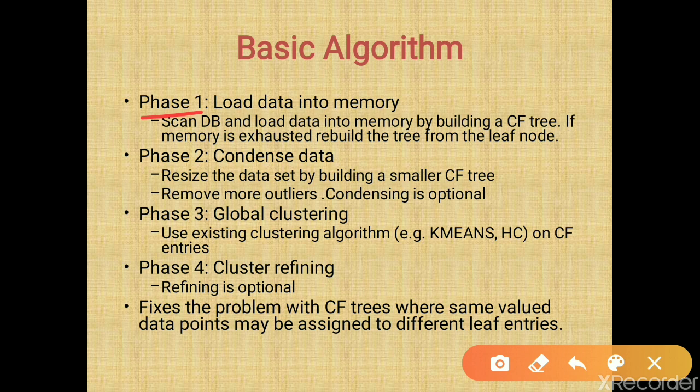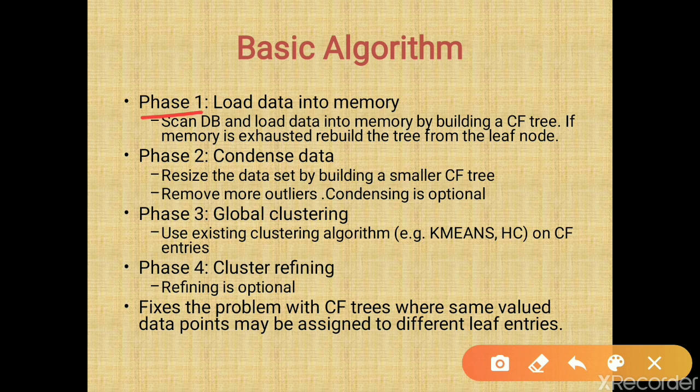Now, we will see the first phase, load data into memory. In BIRCH, the main advantage is that clustering is possible without scanning all the data points. Here, scan the database and load data into memory by building a clustering feature tree. If the memory size is exhausted, you have to rebuild the tree from the leaf nodes.